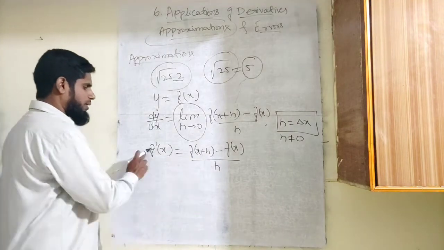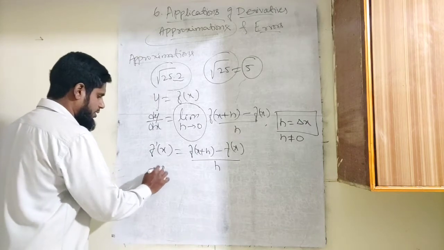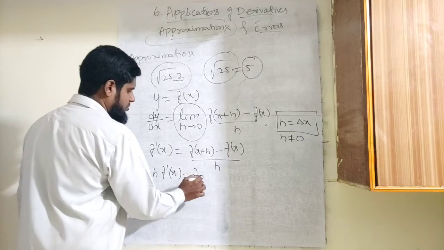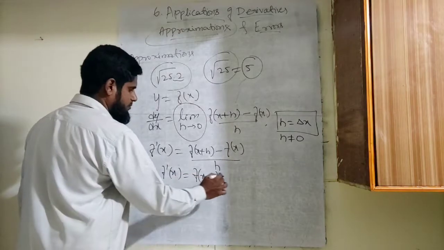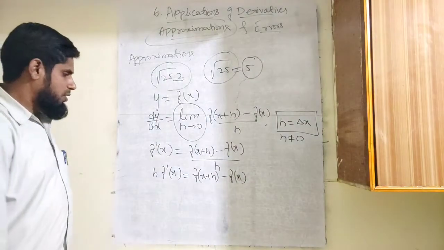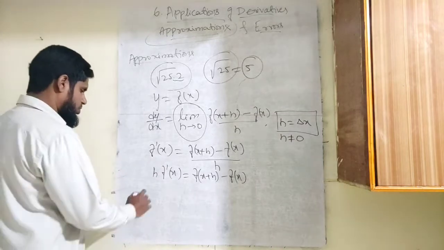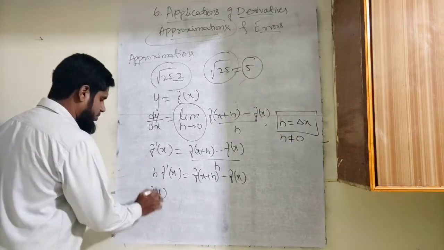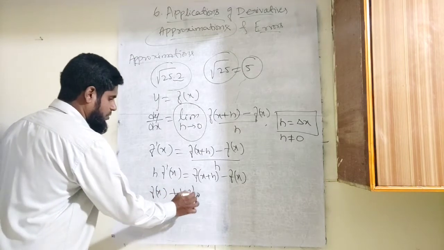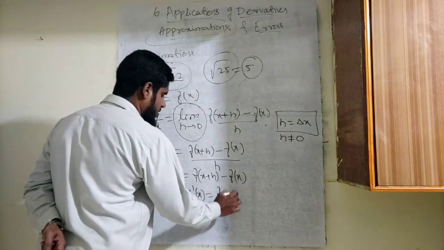So let us do the cross multiplication here. I will get h times f dash of x is equal to f of x plus h minus f of x. Let me shift this negative f of x towards the left hand side. So I will get f of x plus h times f dash of x is equal to f of x plus h.